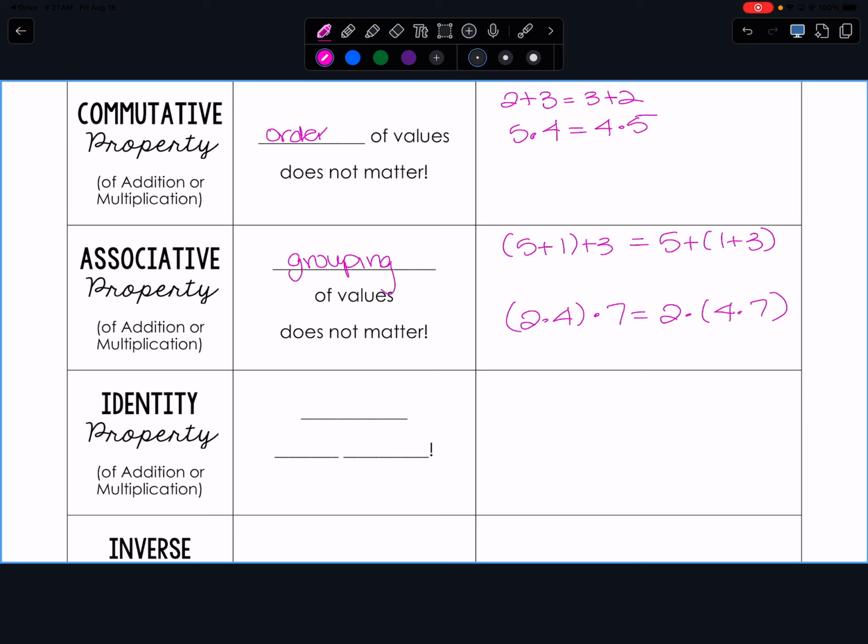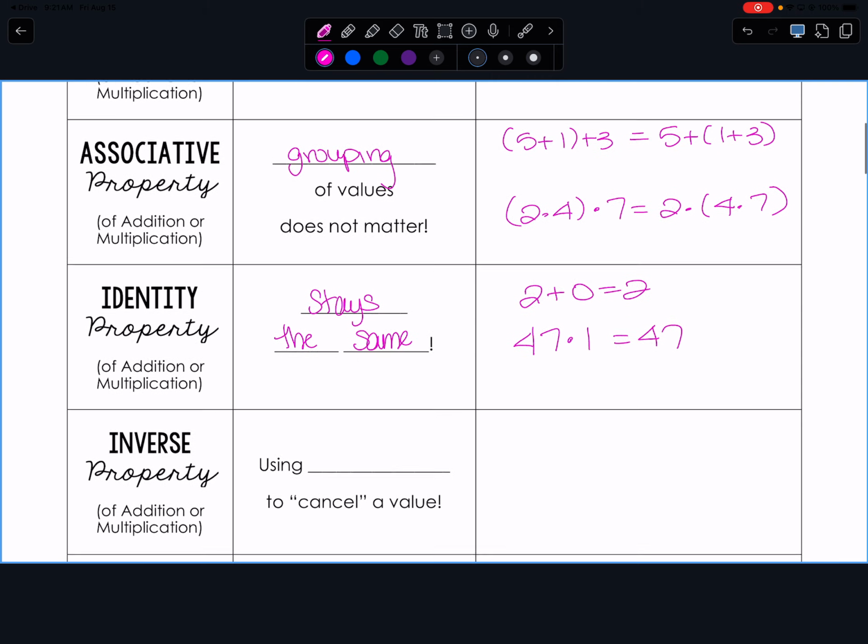Okay, so identity property: the value stays the same. Pick your favorite number. 2. 2 plus 0 is equal to 2. Pick another number. 47. 47 times 1 is 47.